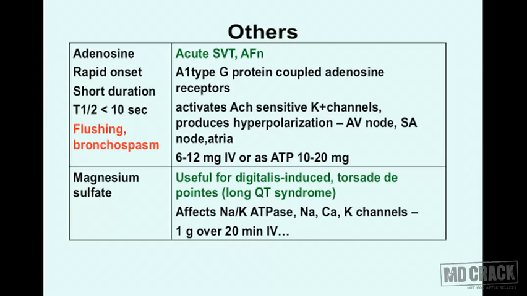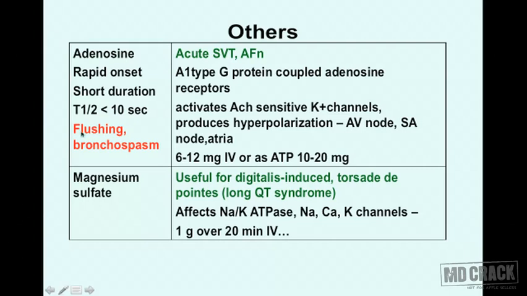And look at adenosine, that's the opposite. Its half-life is less than 10 seconds. It's very rapidly acting and it's extremely useful for acute supraventricular tachycardia and atrial fibrillation. I am sure you'll remember adenosine is a drug of choice for acute supraventricular tachycardia or PSVT, paroxysmal supraventricular tachycardia.